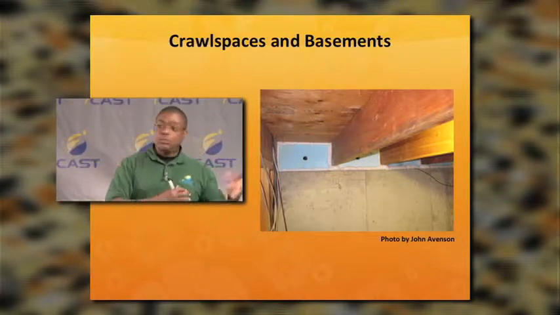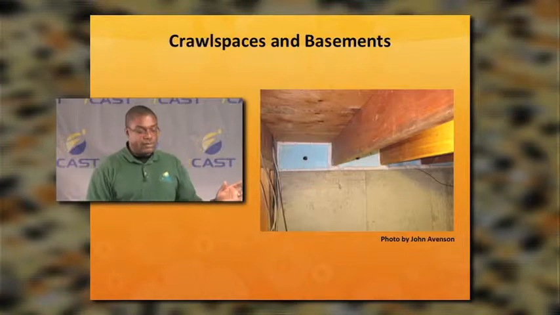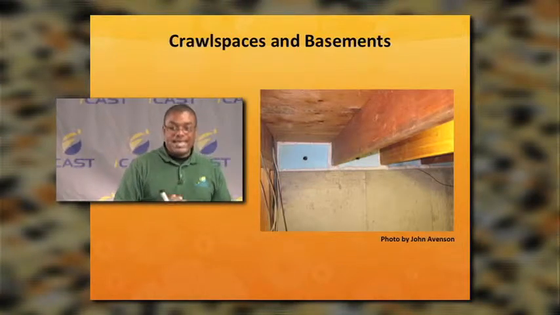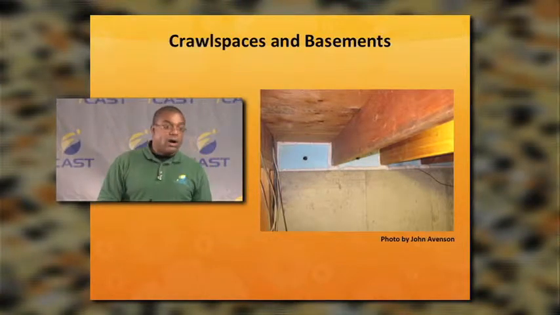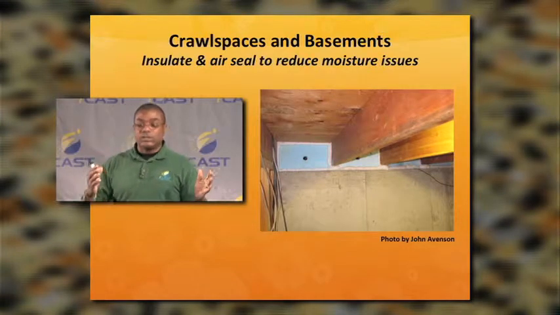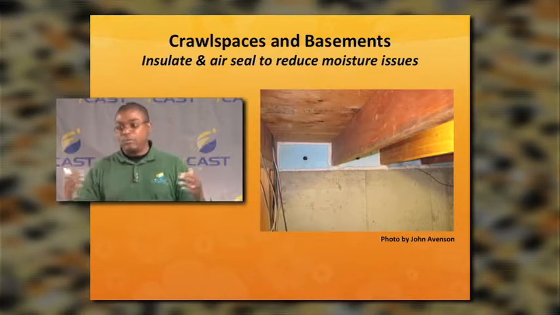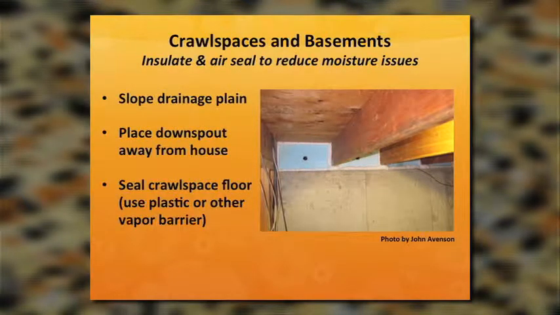We need that air moving through to keep that area dry. That's changed. Now, we actually want to seal up our crawl spaces and make sure our basements are well sealed. And then we have a nice moisture barrier that keeps that moisture from moving into the building to begin with.